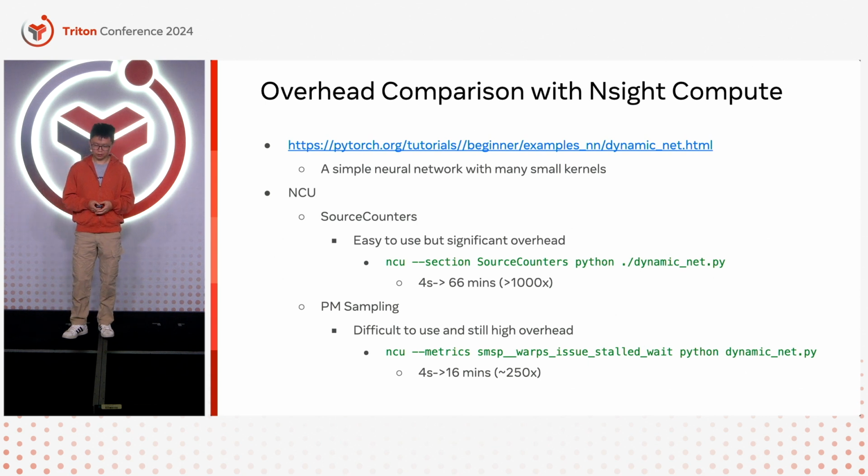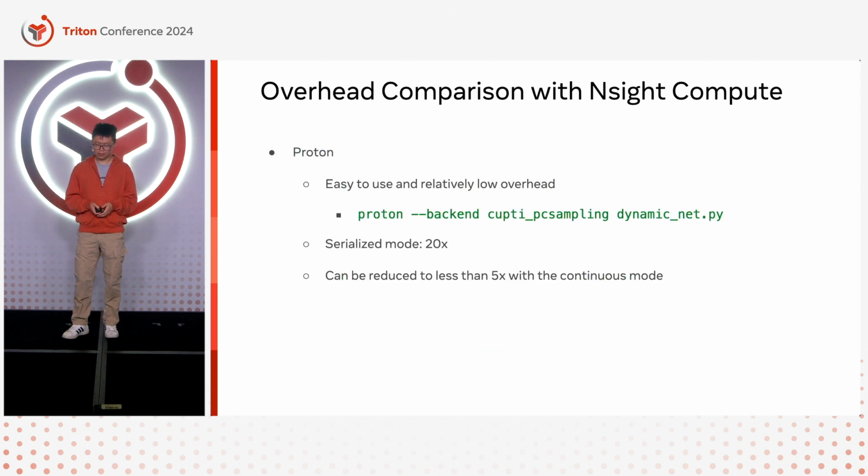If you are interested in all the stall reasons, you need to copy and paste all of them onto the command line. So I think it's a bit difficult to use. And more importantly, it still triggers high overhead. Using Nsight Compute, it's going to introduce about 250x overhead. And I want to point out that most of the overhead is on the CPU and probably comes from the Nsight Compute tool instead of the API itself.